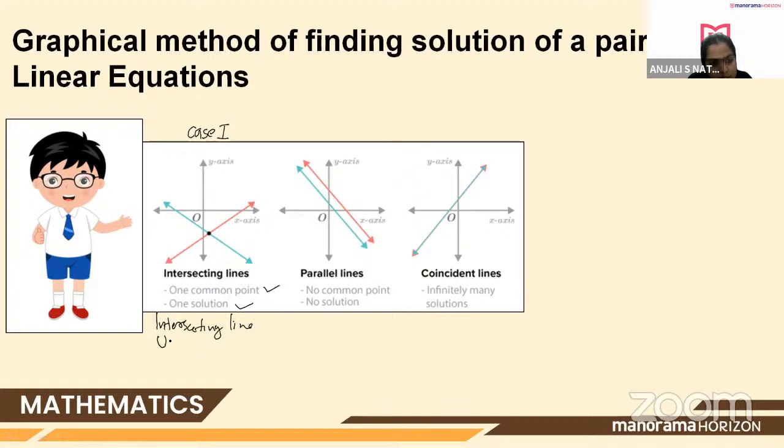We have a unique solution because it has only one common point, marked here. And the equation is said to be consistent, because it has a solution. So that is the first case.